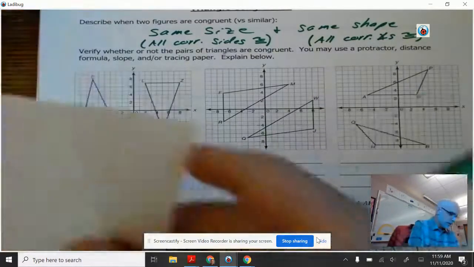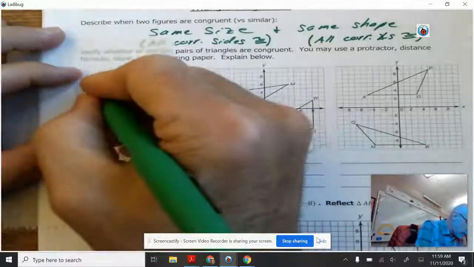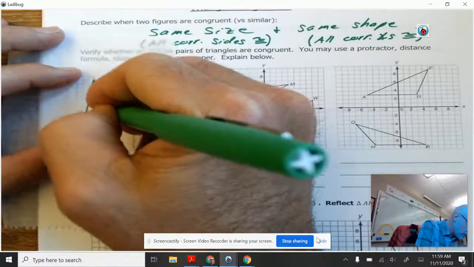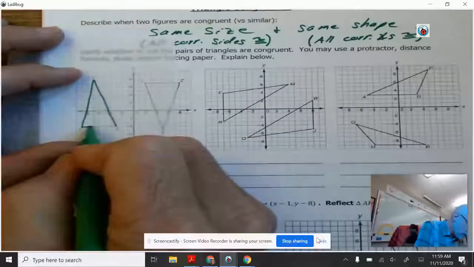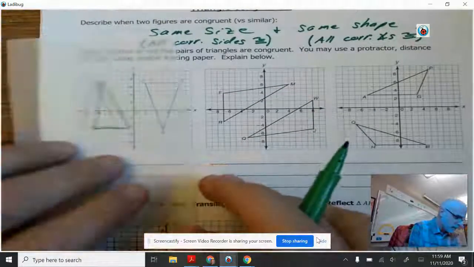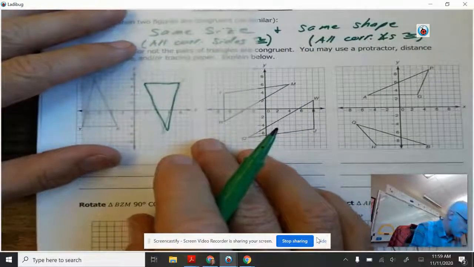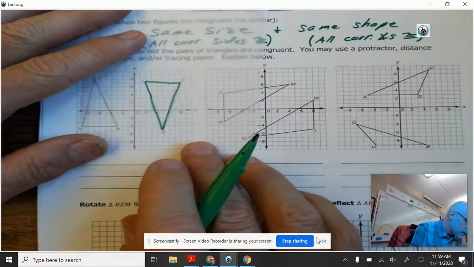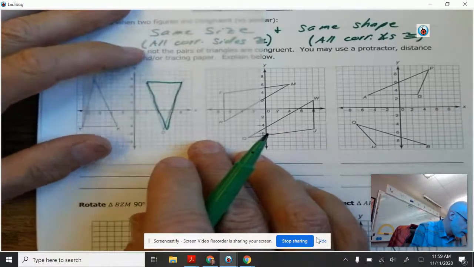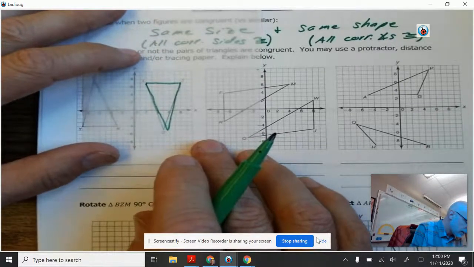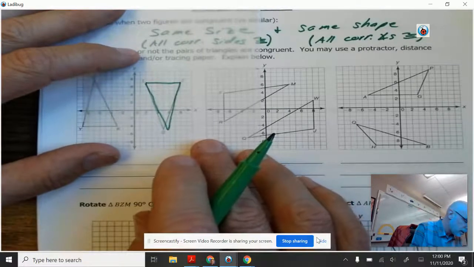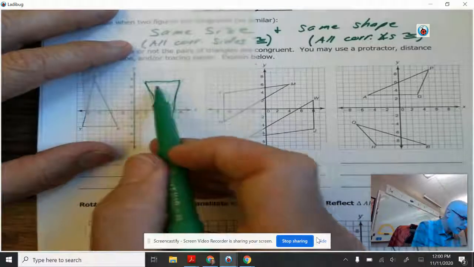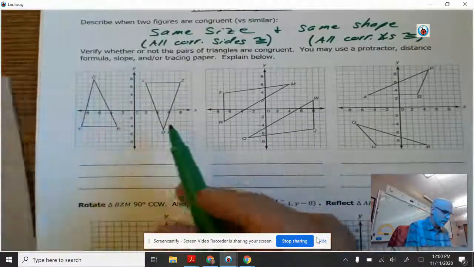So the thing to do would be to put this on here, carefully trace, and then put that over there and see if I can get it to match up perfectly. Actually, it's off by a little bit. It's actually not. Okay, and it looks like some of these angles down here are actually a little bit different size. That one's really close.